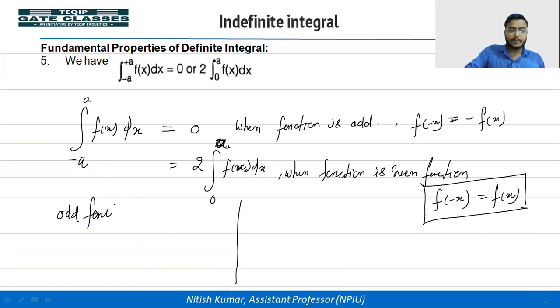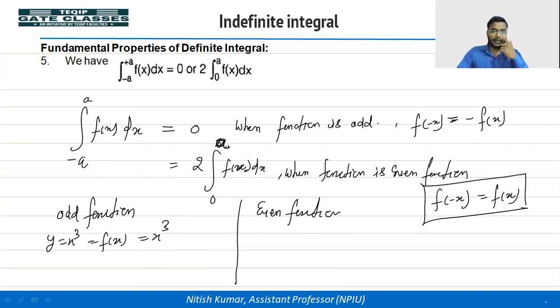Take the example y equal to x cube. You can see that when you put minus x, you get minus x to the power 3, which is minus x cube.